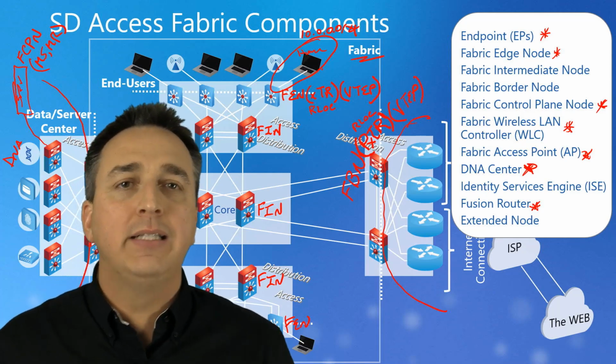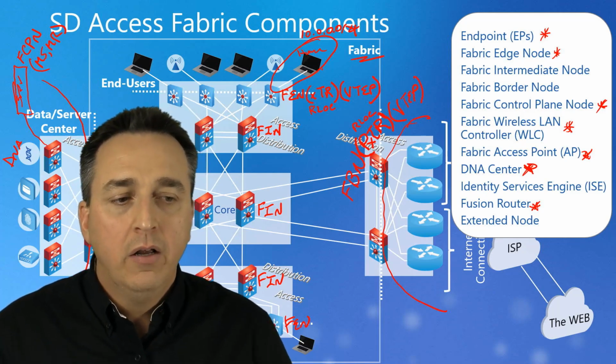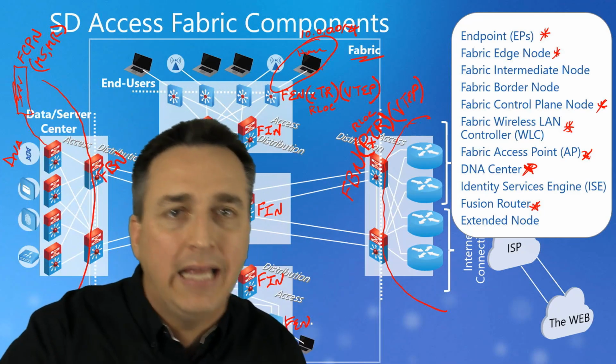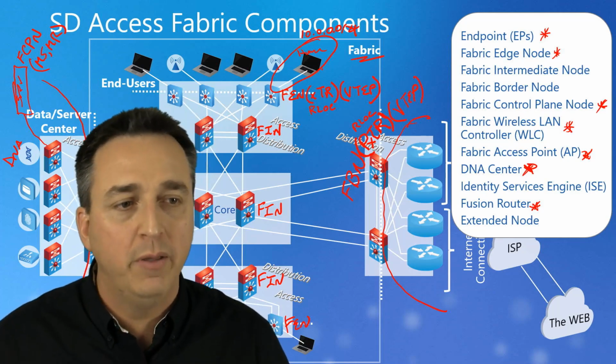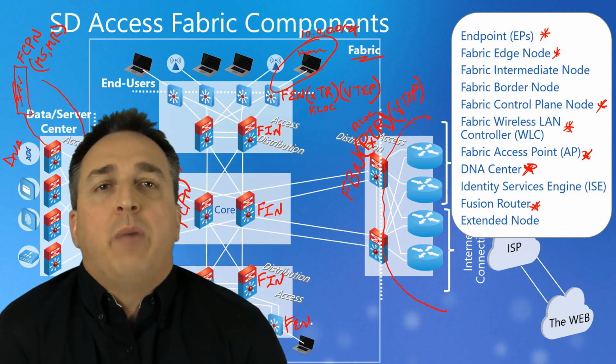Can anybody give me an example of a service that might be shared by many different users, by many different sites, by many different parts of your network? Just give me one example of any type of service that might need to be shared by everyone.